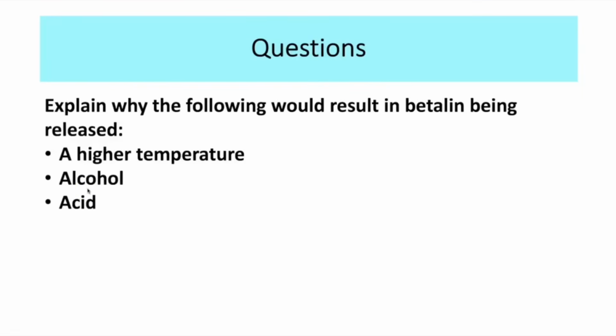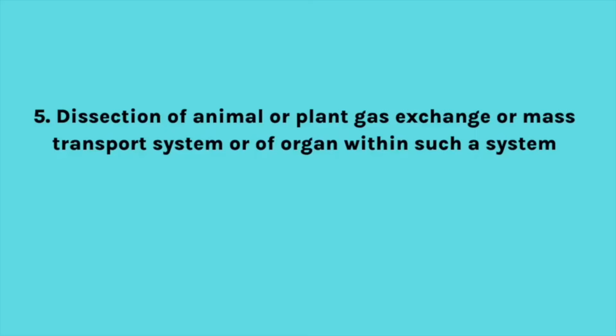Lipids are soluble in alcohol, so the alcohol will start to dissolve that phospholipid bilayer and cause damage, which again would cause the pigment to be released. If it was in acid, the acid would also cause the membrane proteins to denature and therefore the pigment could be released. So in any of those conditions, you would expect a dark solution, meaning a large amount of pigment had been released.